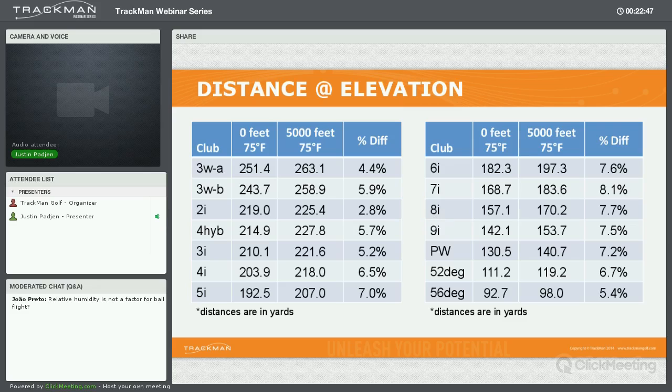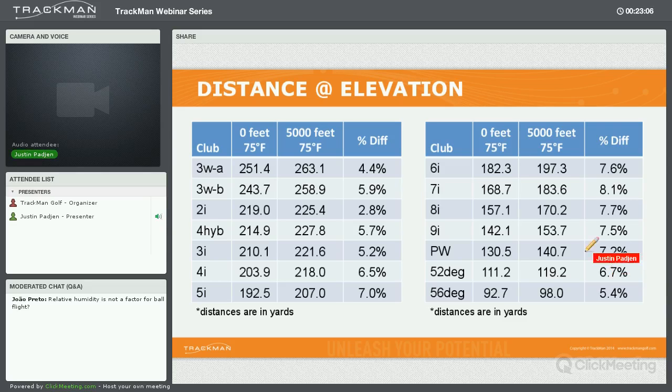With the 2-iron, all of a sudden it hardly got any additional carry at that altitude, because it's typically going to be a lower trajectory that doesn't get up in the air and take advantage of that altitude. And then you start to see it climb. It climbs up to about the 7-iron, and then it starts to go back down again.